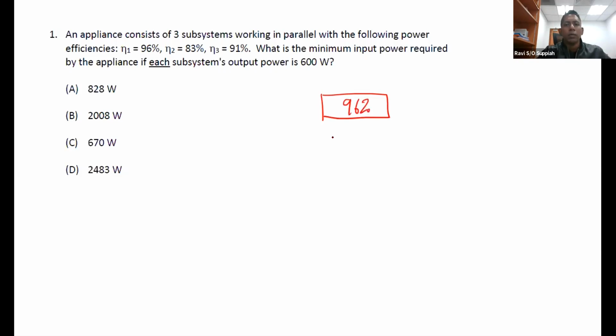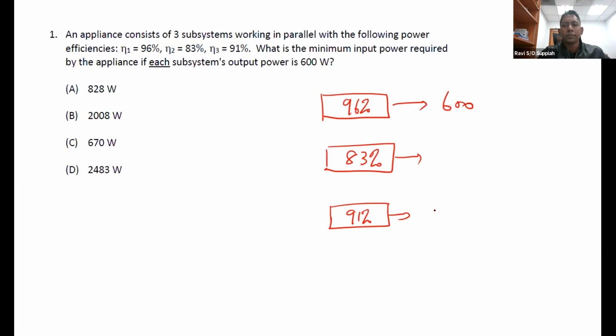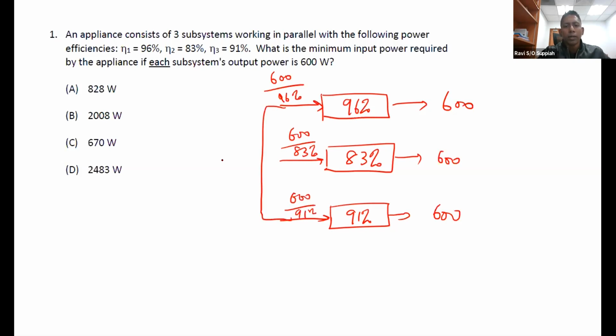So here we have 3 subsystems, 96%, 83%, and 91%. Each of these subsystems' output power is 600 watt. So the input power requirement for each of them would be 600 divided by 96%, 600 divided by 83%, and 600 divided by 91%, and then you add them up together.